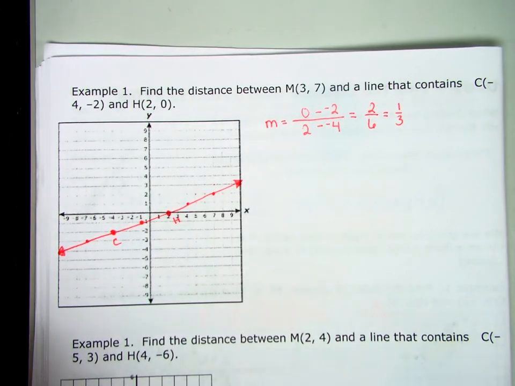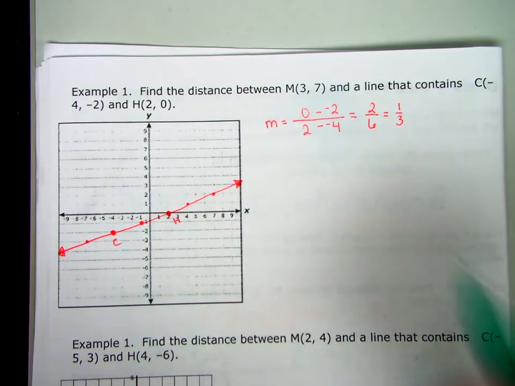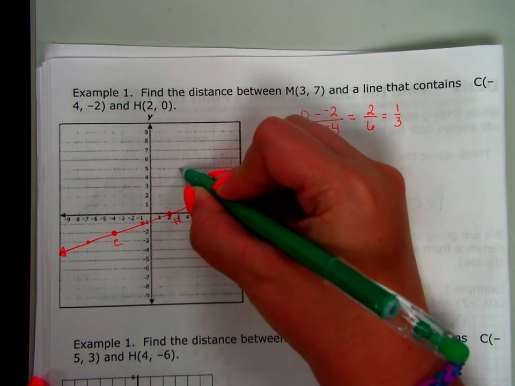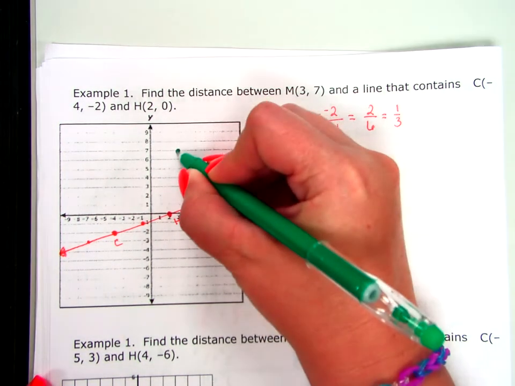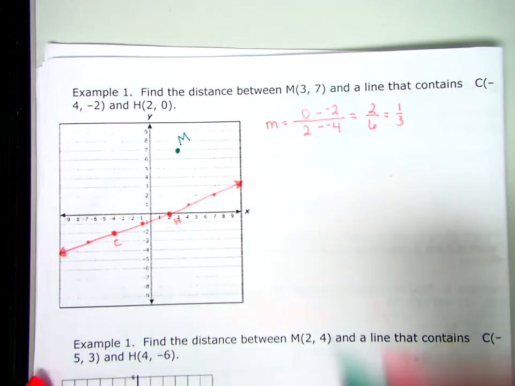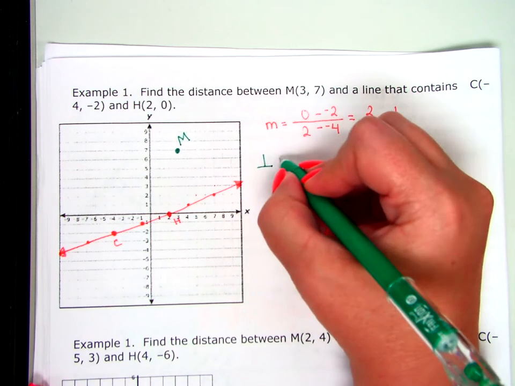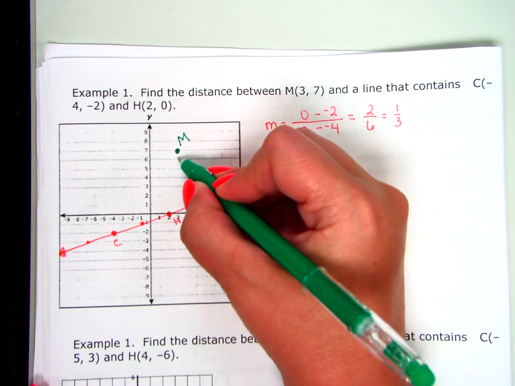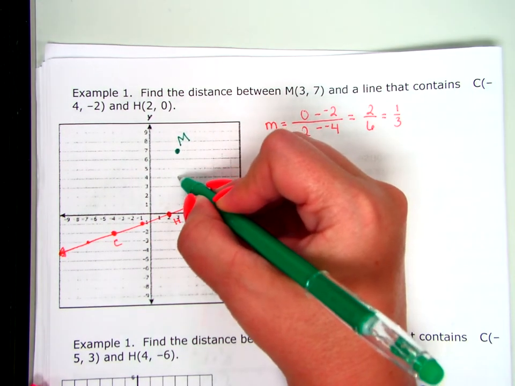Okay, now where is my mouse? My mouse is at 3, 7. Here is my mouse. What's the slope I'm going to use to get from the mouse to the cheese? -3. So I'm going to go down 1, 2, 3, over 1.